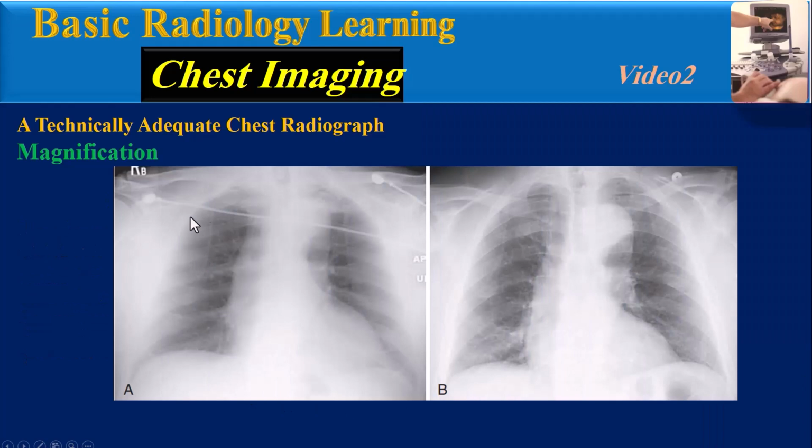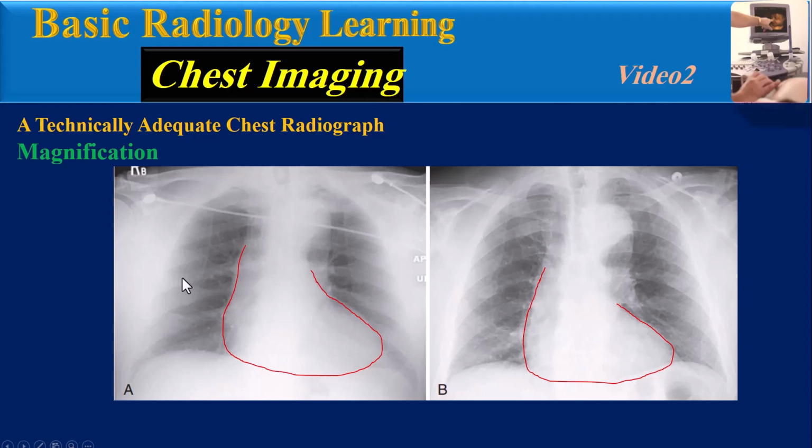Here we can see the effect of positioning on magnification of the heart. This frontal chest radiograph done in the AP projection shows the heart to be slightly larger than image B, which is the same patient's chest exposed minutes later in the PA projection.